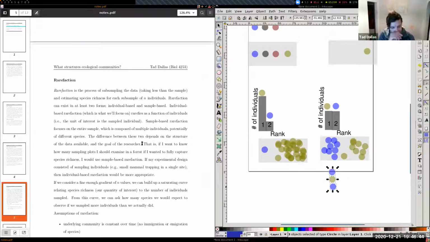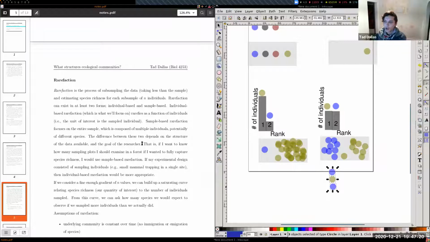And rarefaction is largely for interpolation and largely for experimental design. Not entirely, but largely, I'd argue. That's one way to think about it, at least. What I mean is, it's like saying, given that we sampled this community really extensively, what is the amount of effort that we would need to sample X percentage of the species that we already know are there?